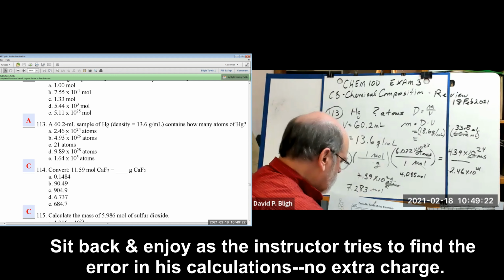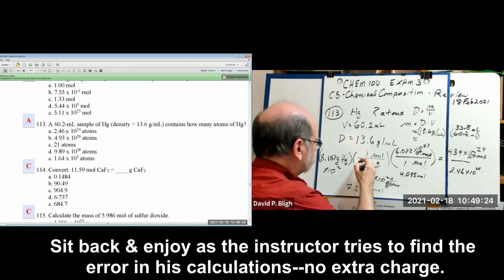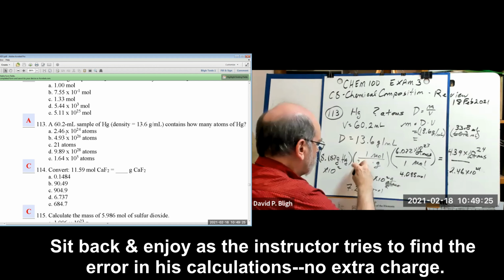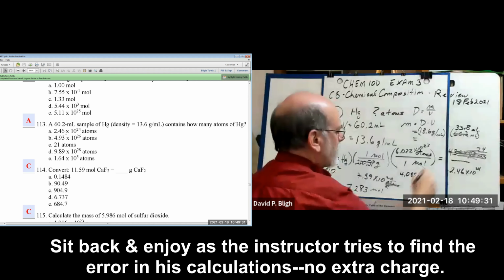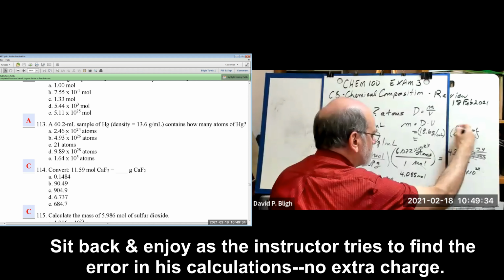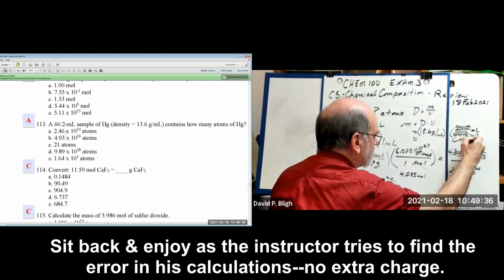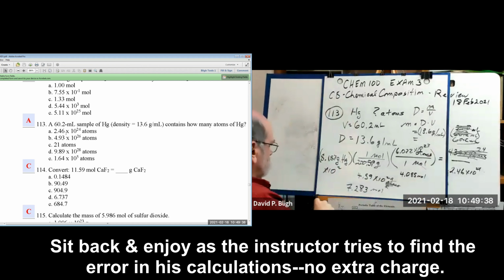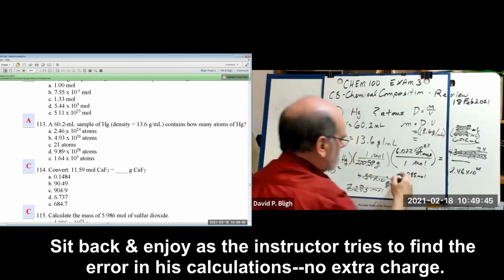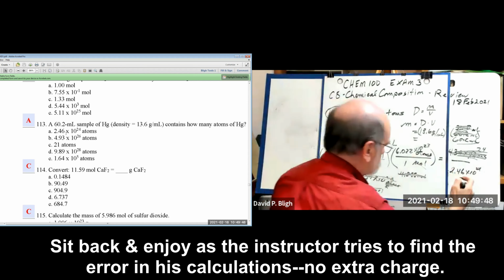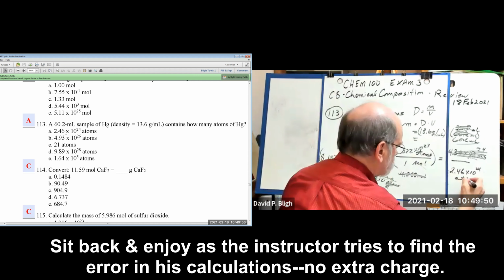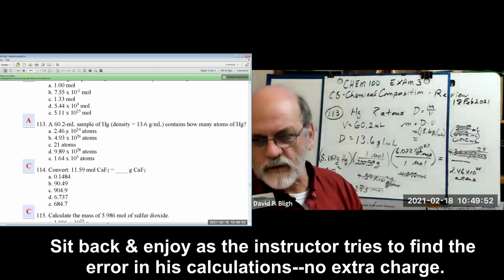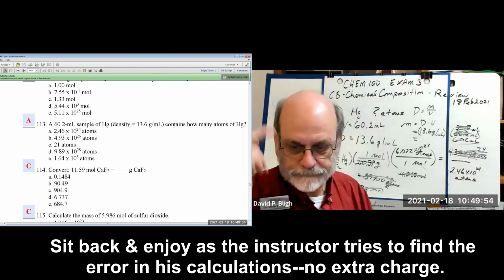Mercury is 200.59. That being the case, that's right. That's right. Now that's right. And this is atoms. Okay, there's nothing wrong with the problem. There's something wrong with the operator.